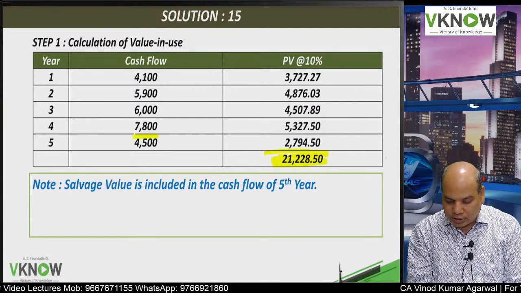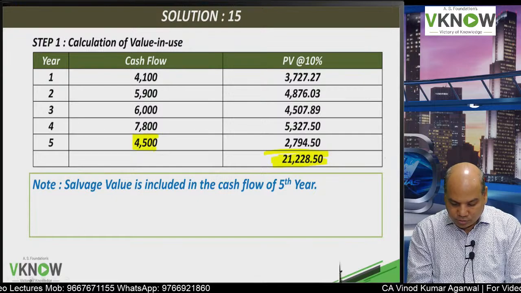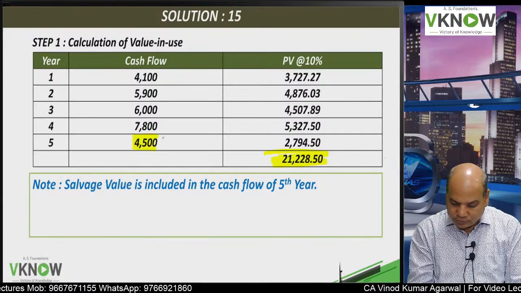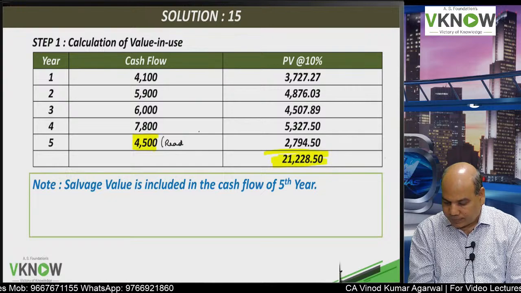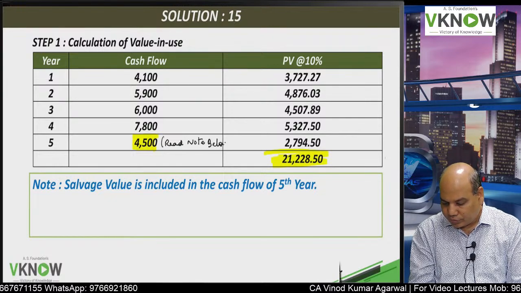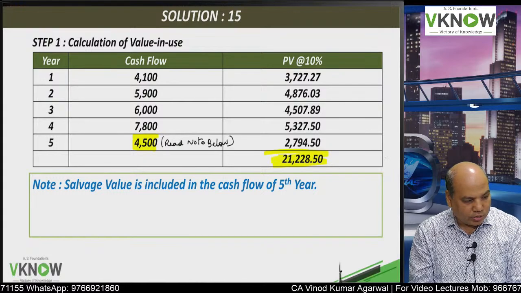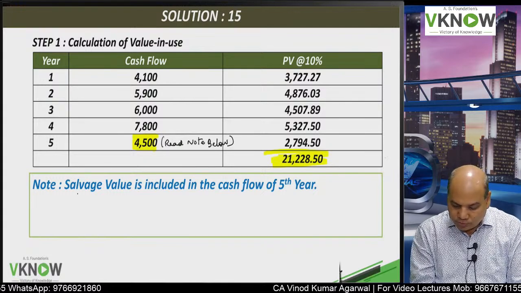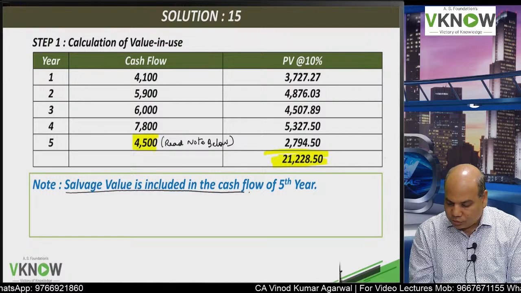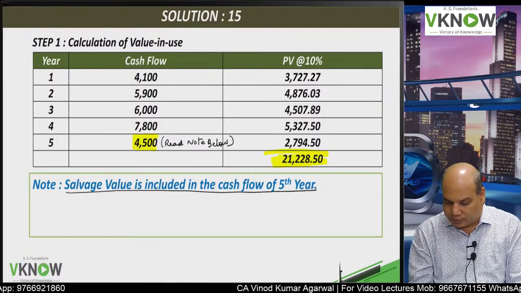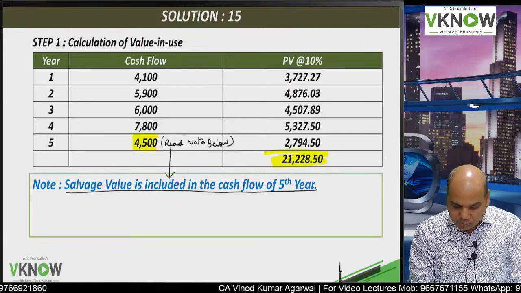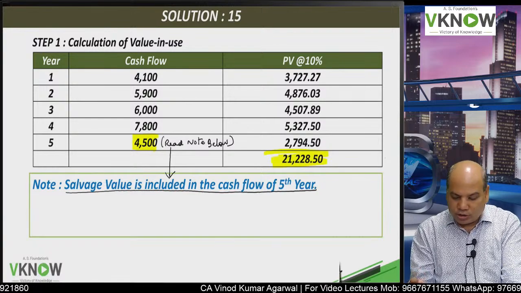Now some students can ask a query. So please write down here, read note below. The note will be the salvage value is included in the cash flow of the fifth year. Some of you have a query why we have not taken 900.